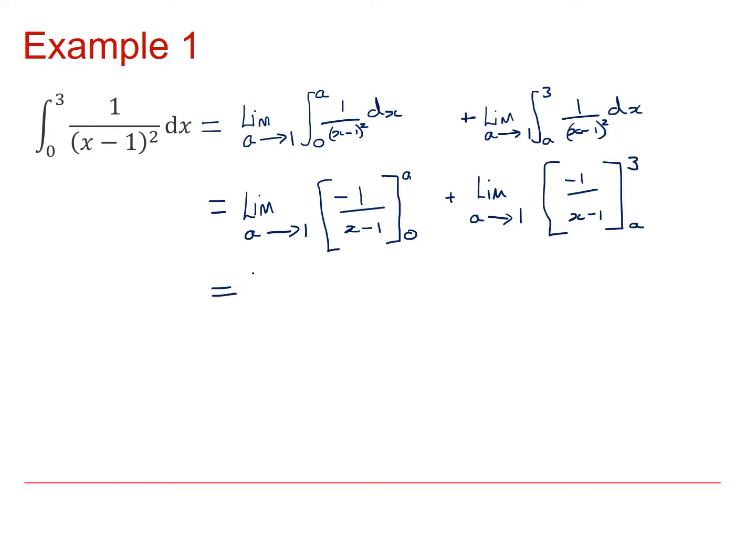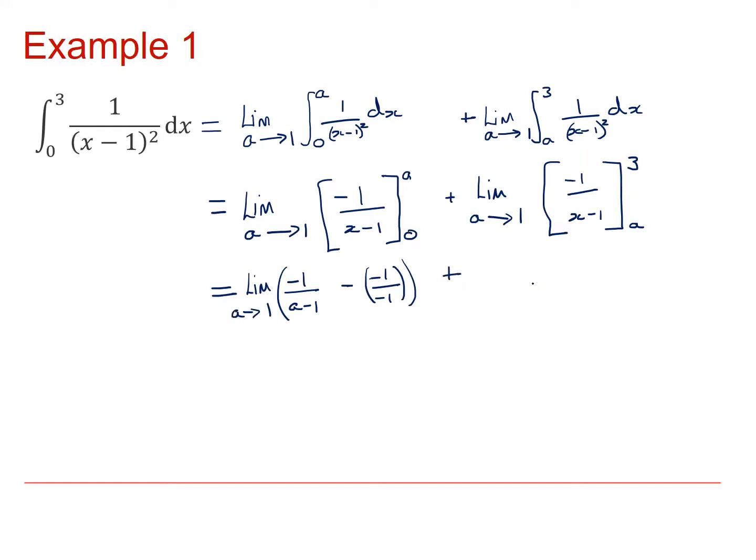Okay, let's plug in the values then. So I'm going to get minus 1 over (a minus 1) from the upper limit. And just need to be a bit careful with the second part of this. I'm going to get minus 1 over minus 1 for the lower limit. And again, look at what happens as a tends to 1.